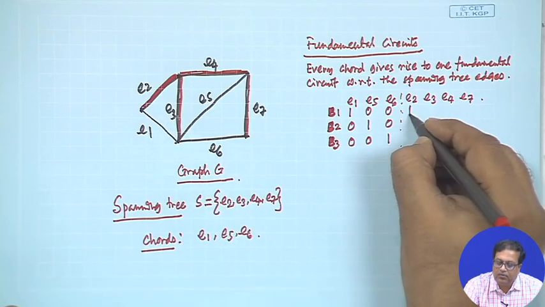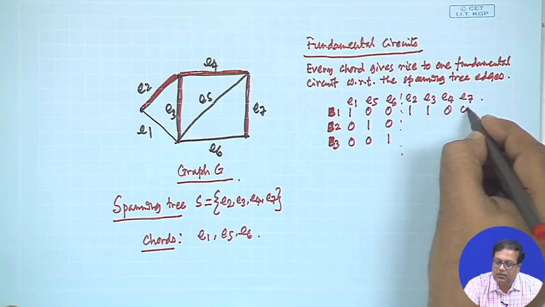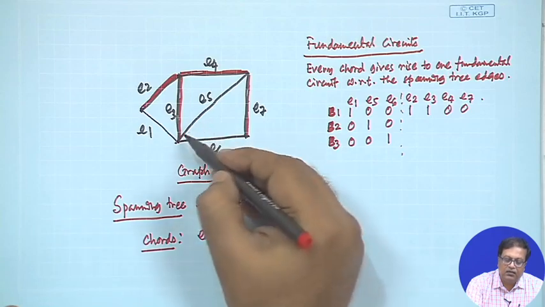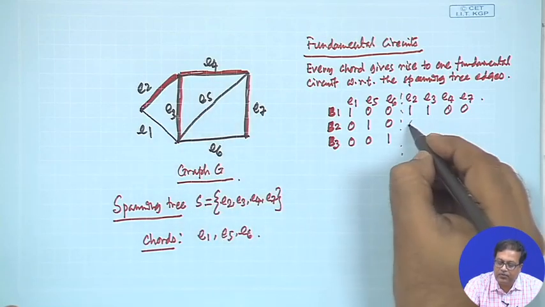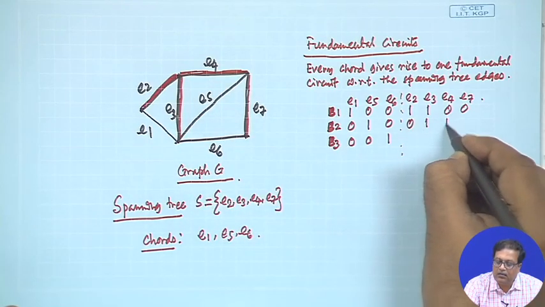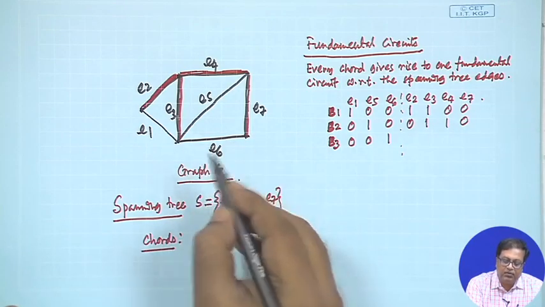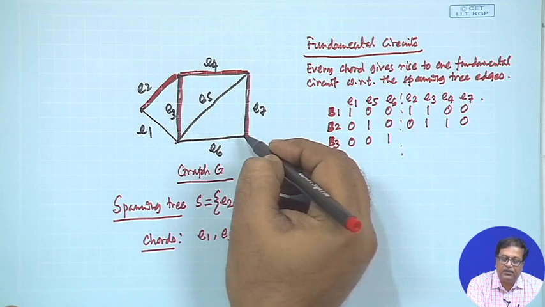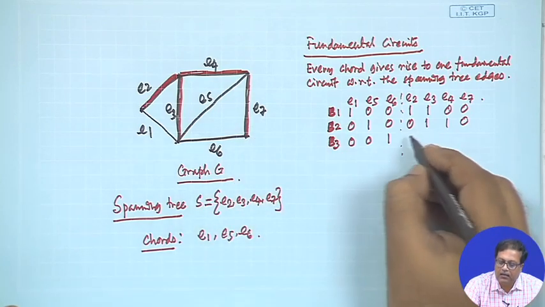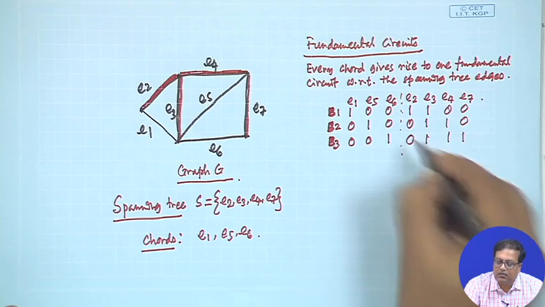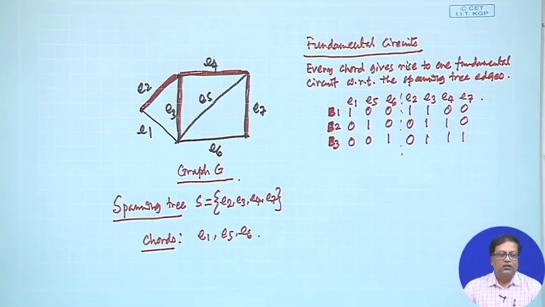So we put 1 there and zeros here. What about B2? When we take E5, then E3 and E4. What about the third one? If I take this one, look here, E3, E4, E7, right. So we have got our fundamental circuit matrix.